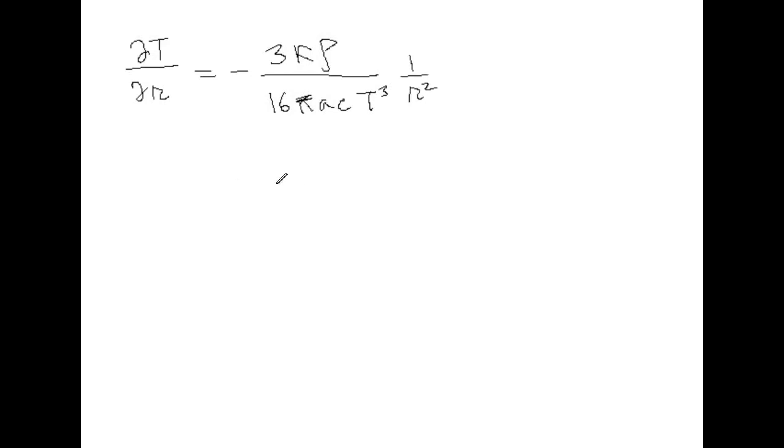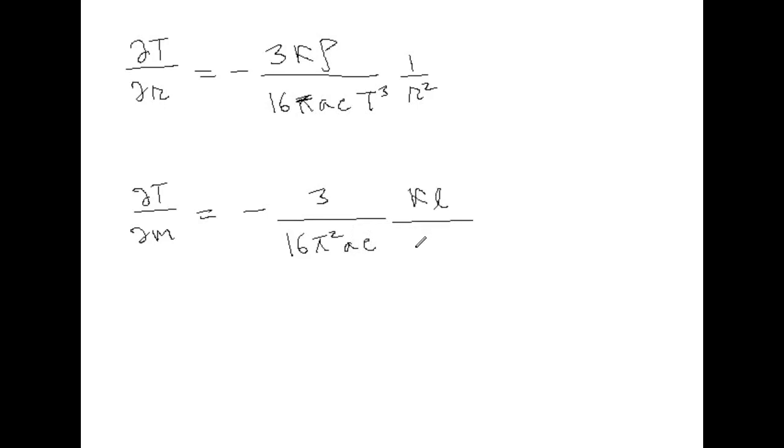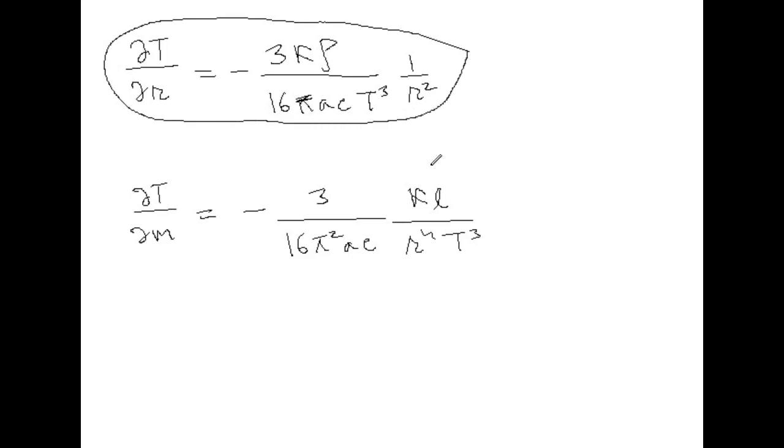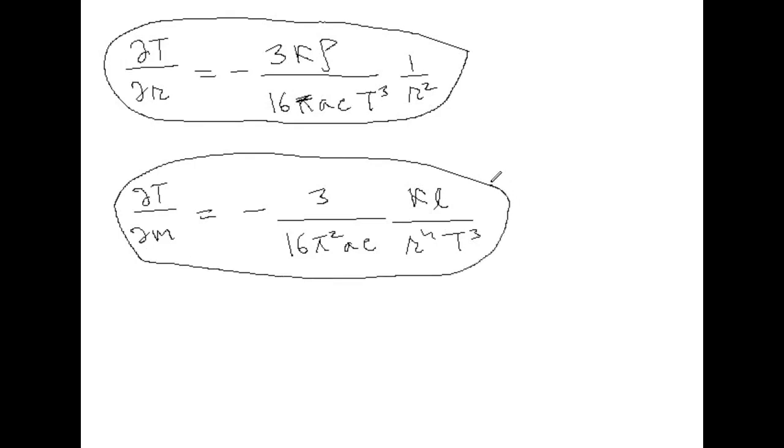Or if we combine with the equation of mass conservation, then we can get dT/dm in this form: minus 3 kappa l divided by 64 pi squared a c r to the power 4 T cubed. So these are the two forms of temperature gradient, either dT/dr or dT/dm.